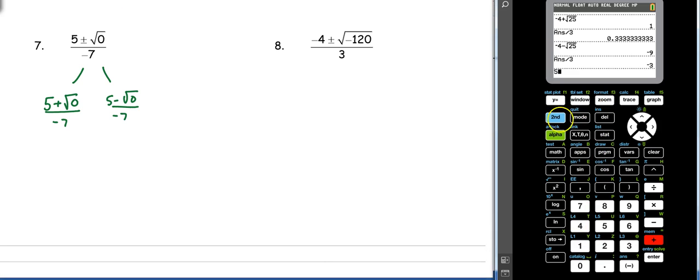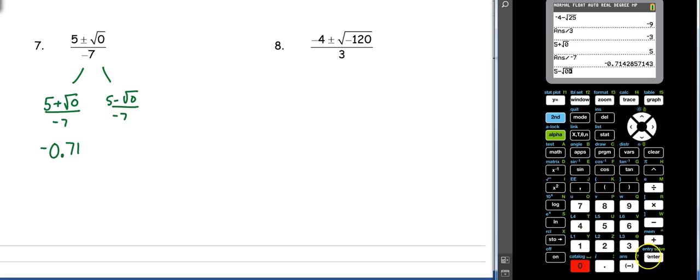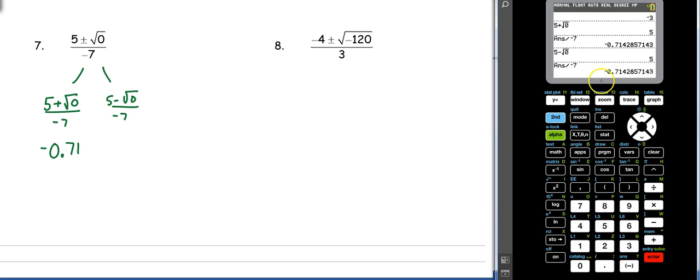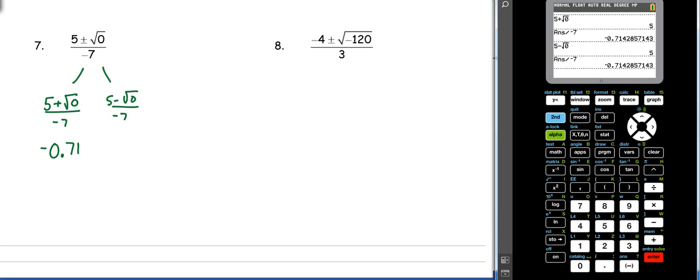So we have 5 plus second square root of 0 divided by negative 7, which is negative 0.71. And when I do that again, 5 minus the square root of 0 divided by negative 7, I get the same answer. So anytime there's a square root of 0, there's only going to be one answer, because when you do it both times, you get the same answer.